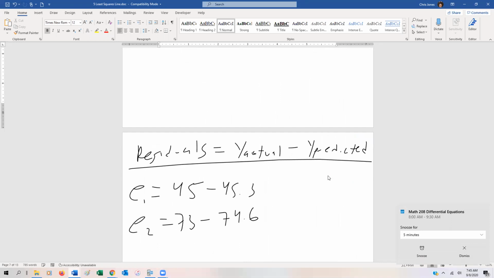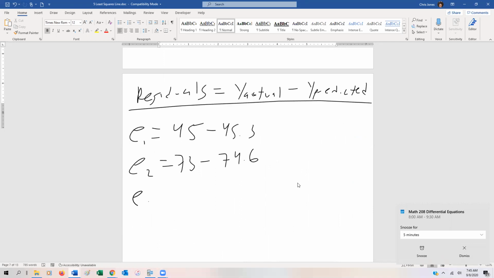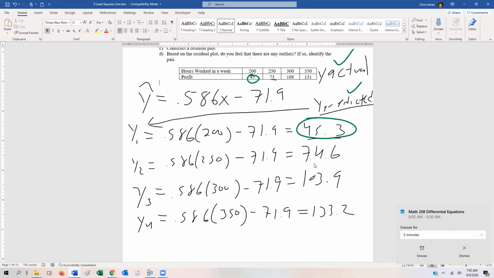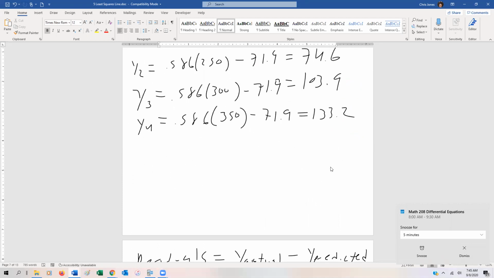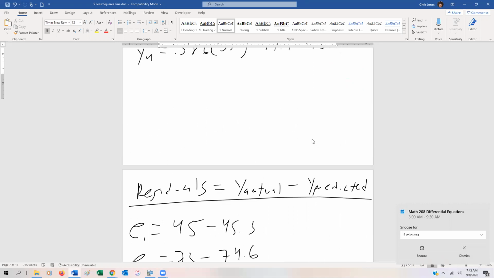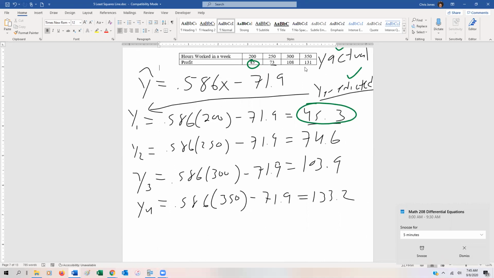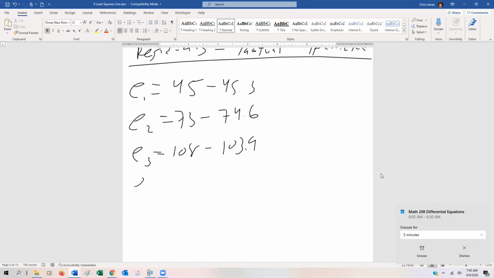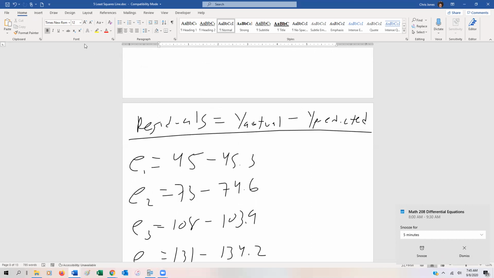And then E3 is going to be equal to 108 minus 103.9. And then finally, E4, 131 minus 133.2. I think it was 133.2.